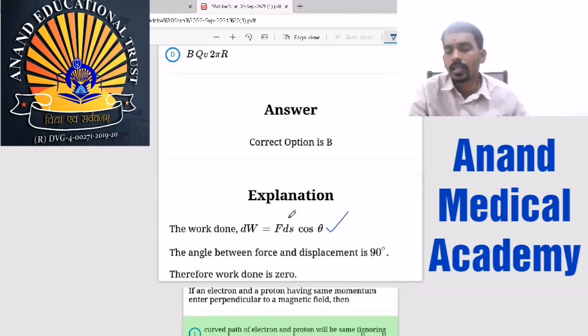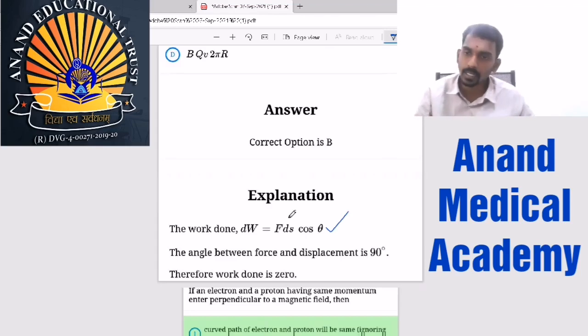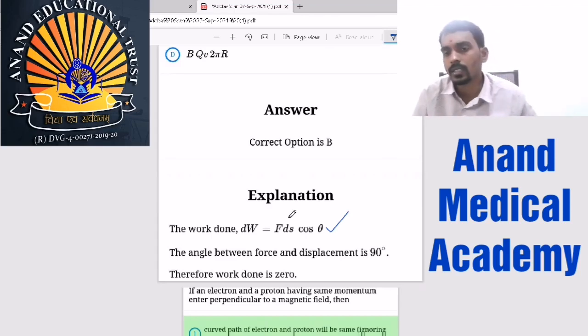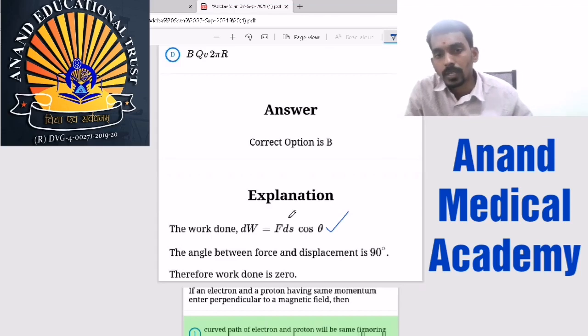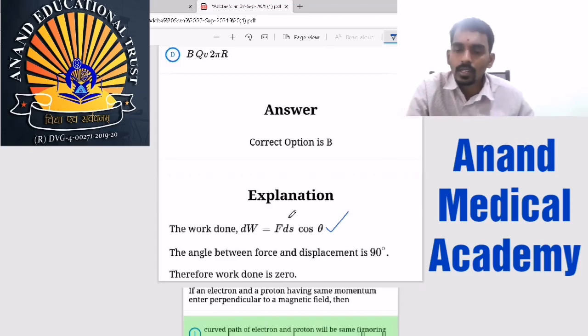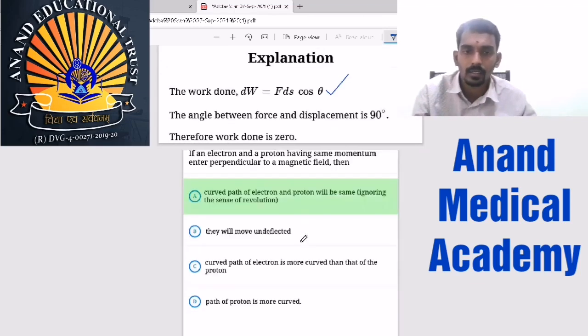And here the question is based on work done, and work done by the magnetic field is always zero because it tries to change the direction, it always acts perpendicular, so it is always perpendicular to the displacement at every point, so the work done by the magnetic field is always zero.